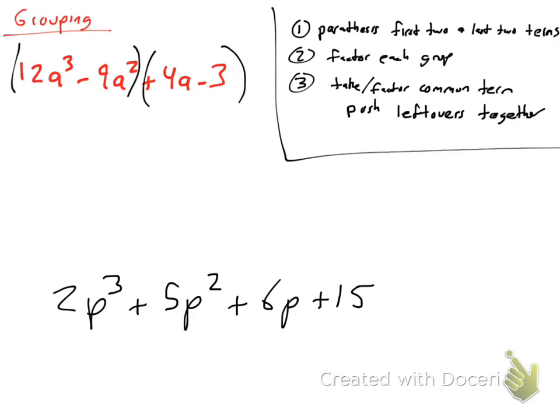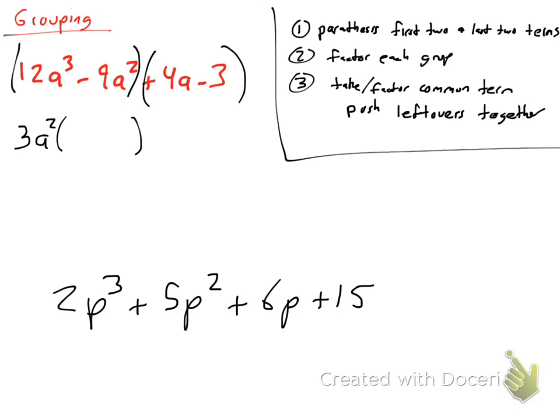I highly suggest you notice that I put the positive inside this group. It's because the second group, according to step number 2, I need to factor each group. So when I get to the second group, I'm going to factor a positive number out or a negative number out. Therefore, I'm going to keep that sign with it. So in the first group, I should be able to take a 3a squared out of that first group.